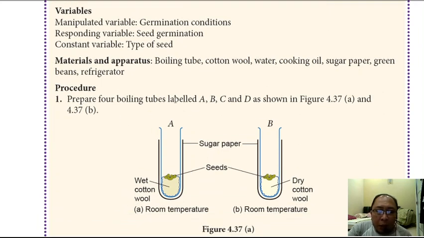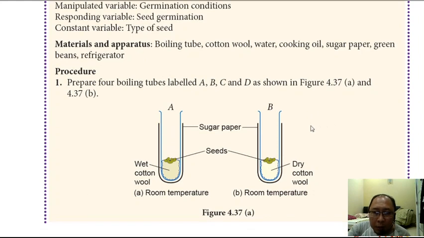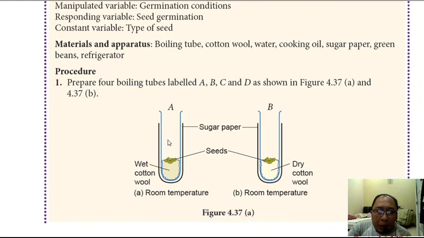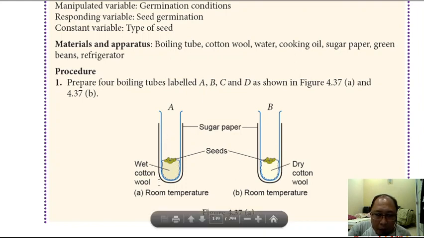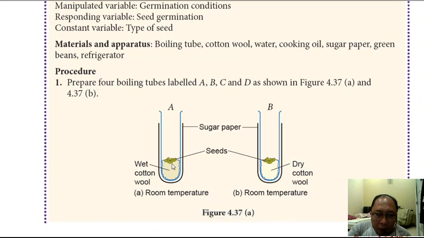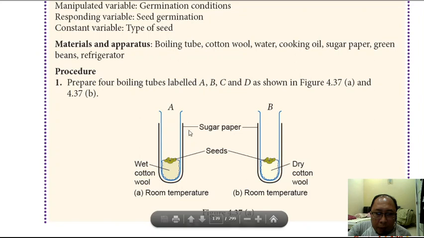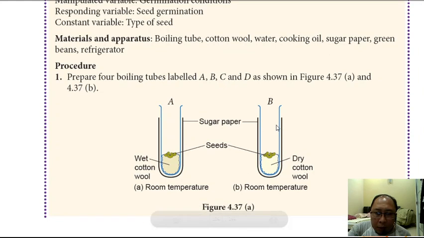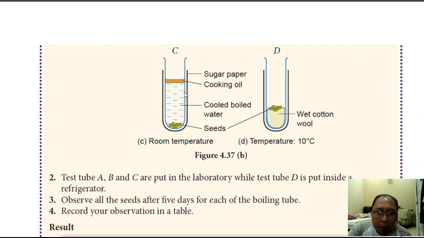Prepare 4 boiling tubes labelled A, B, C, and D as shown in figure 4.37. Boiling tube A consists of wet cotton wool, seed, and is covered by sugar paper. Boiling tube B consists of dry cotton wool, seed, and also sugar paper.